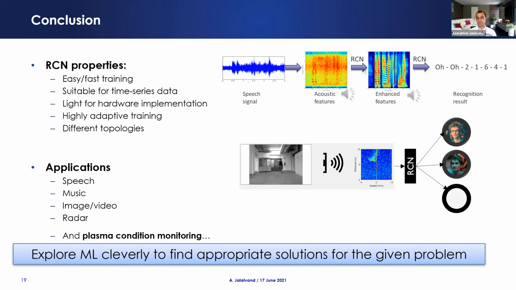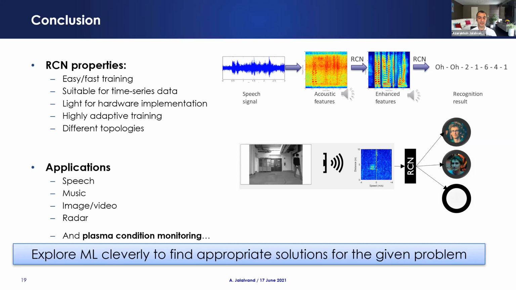Well, to conclude, what we have seen here is that reservoir computing networks have very interesting properties. First of all, they are very easy and fast to train. They are suitable for time series data analysis because they have memory.